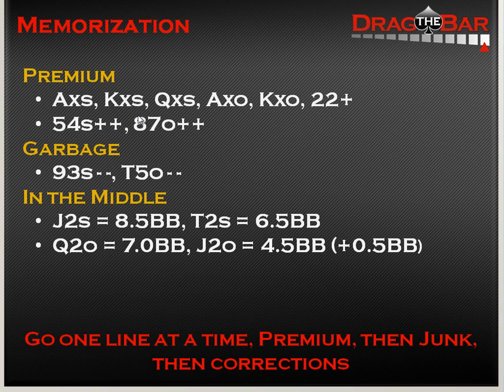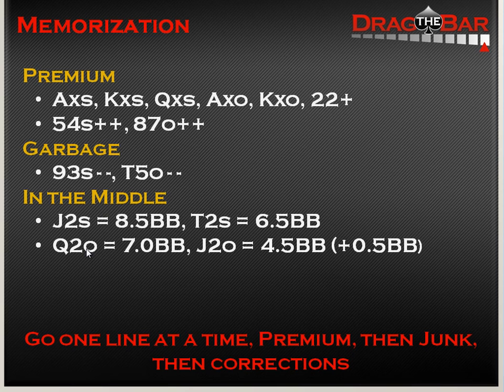First doing the premiums, then the junk, and then by the time you get to the in the middle hands, you've really got about 90% of the chart memorized, maybe 95%. So with these small corrections, even if you never actually memorize those numbers, you're going to find that you can play Nash really, really effectively.